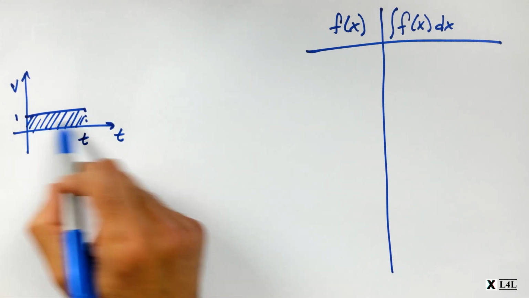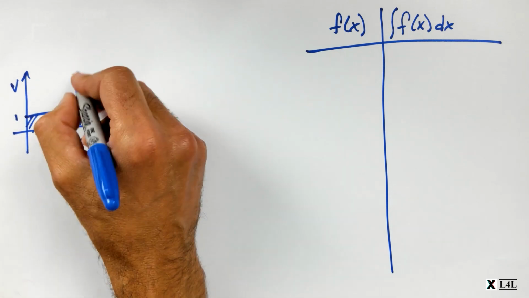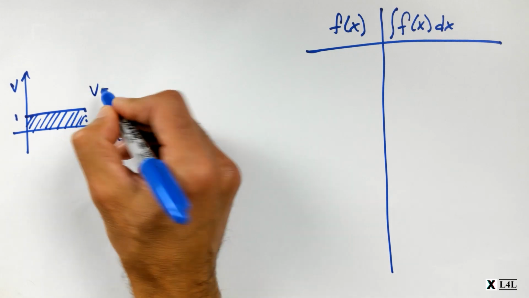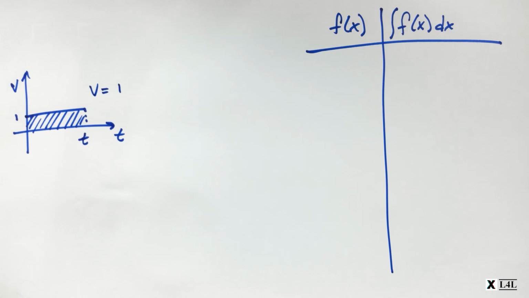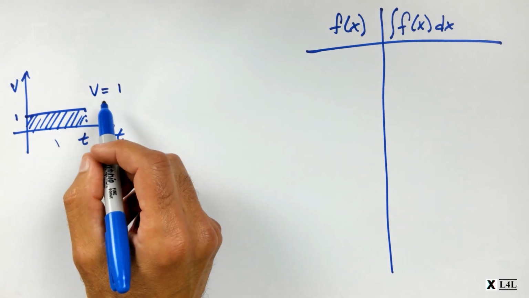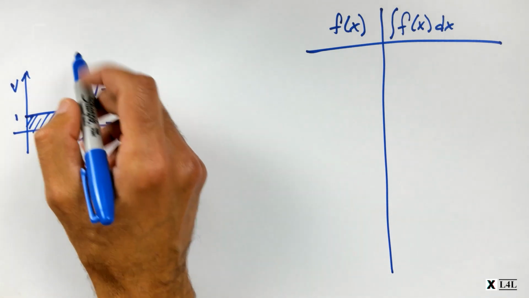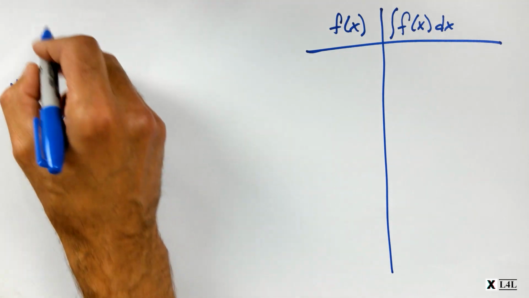But if I want to integrate this function, first of all, this velocity function is just 1. It's always constant. Okay, so what could my potential position versus time graph look like? I'm running out of space here.